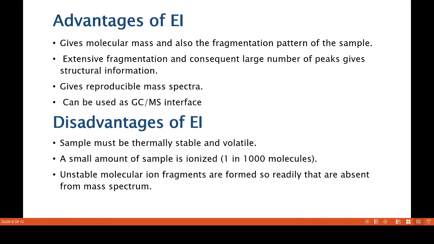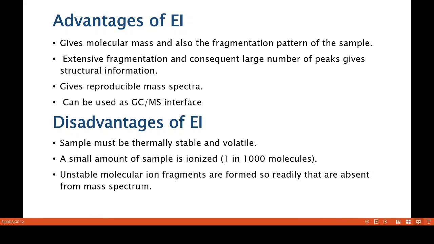The second disadvantage is that only a small amount of sample is ionized, that means 1 in 1000 molecules. And the last disadvantage is that unstable molecular ion fragments are formed so rapidly that they are absent in the mass spectrum.